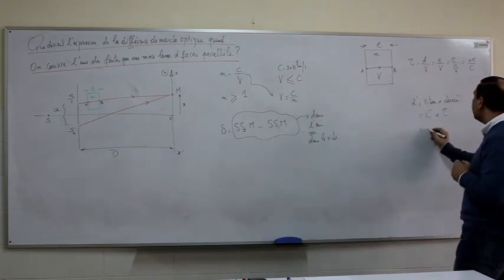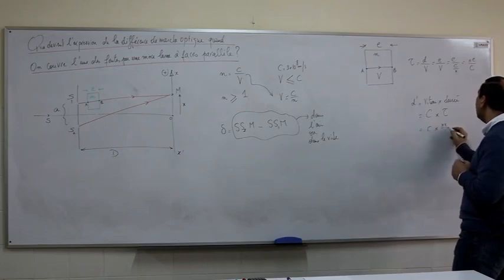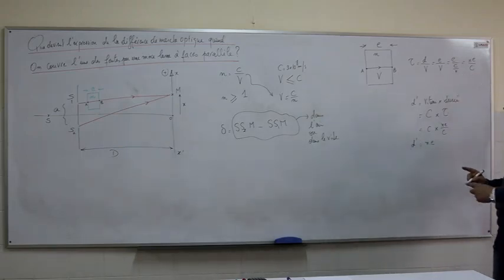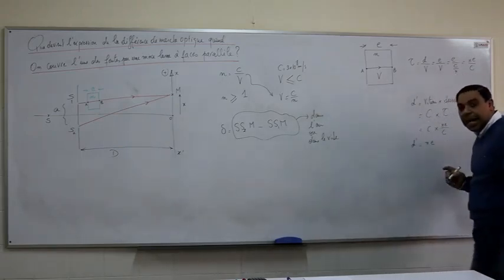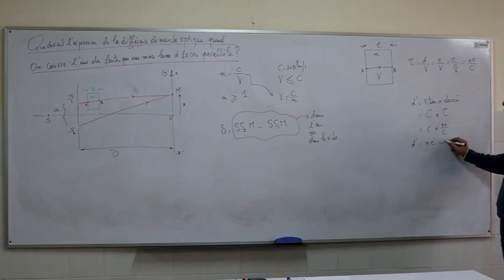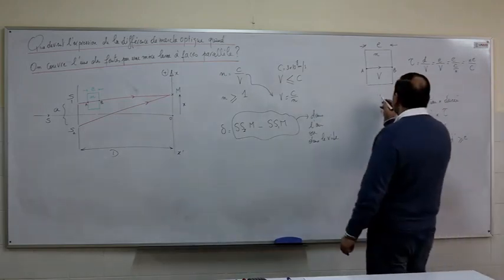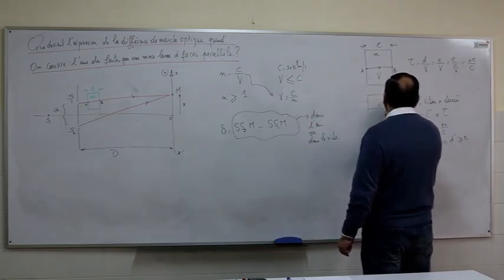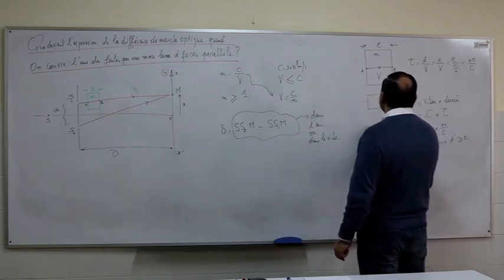In air, this is c, so we get c times nE over c, which is nE. This is the thickness of air that replaces the plate. But since n is greater than or equal to 1, then d prime is greater than or equal to e. So the air that replaces the plate has a distance d prime equals nE.